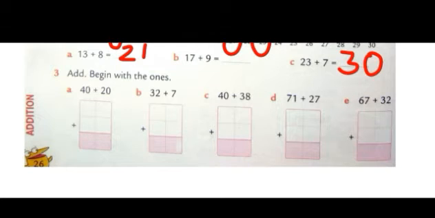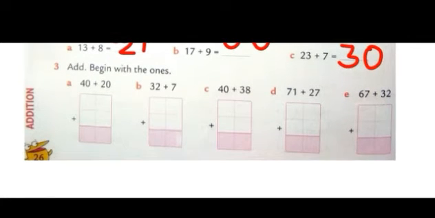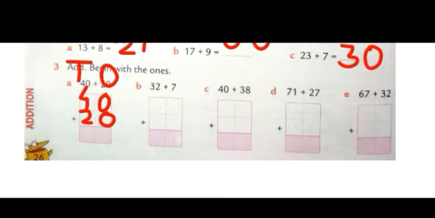So, first we will write it in the given box. 4, 0, 40 and 2, 0, 20. So, students, before starting with the addition, remember we need to start from the ones. This side is called the ones and this side is called the tens. So, let's start with the ones.